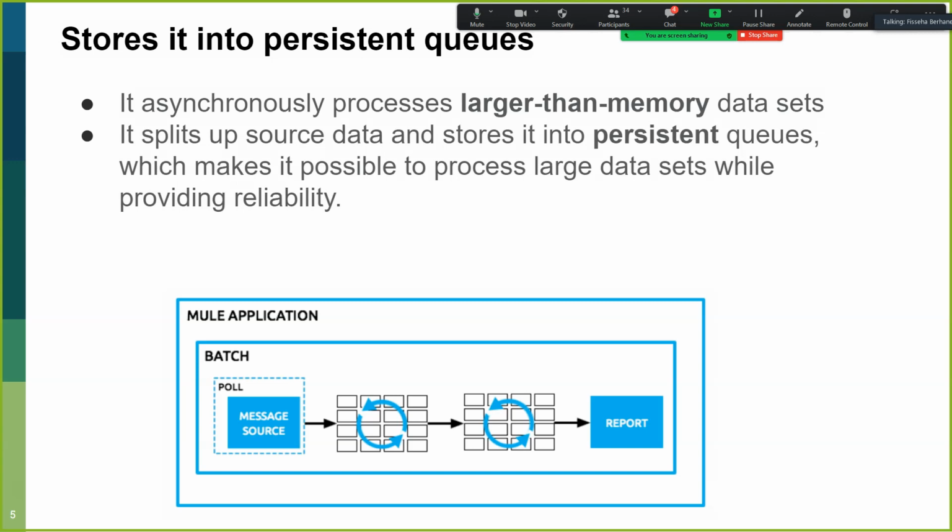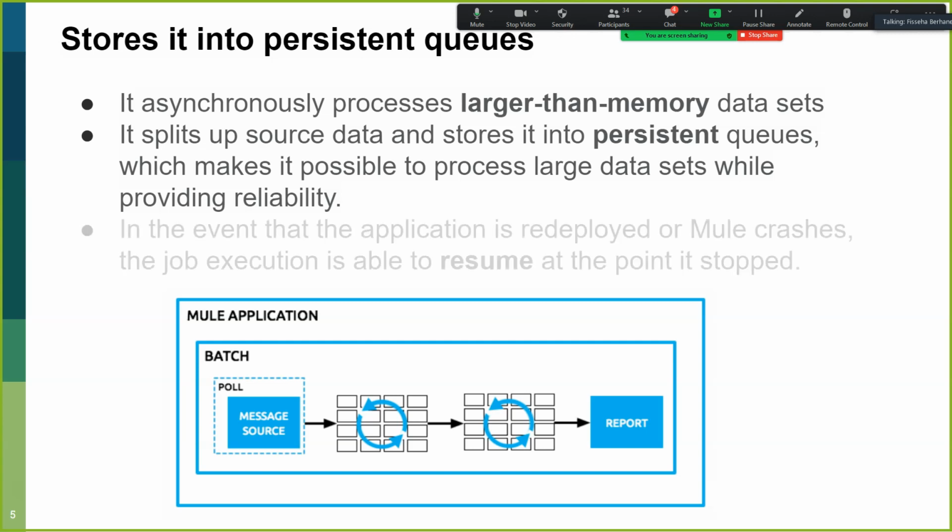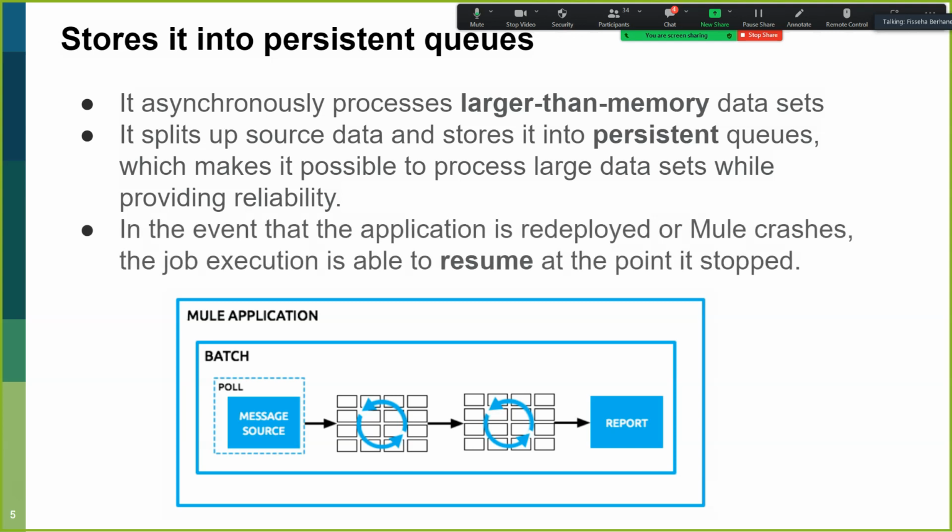So it is reliable because it is writing the data to disk. And if for some reason your application fails, it can resume from where it stopped, because it keeps track of where it stopped, what it has done, and which ones have failed. That is what we see in the image at the bottom: we have a pool of persistent data.